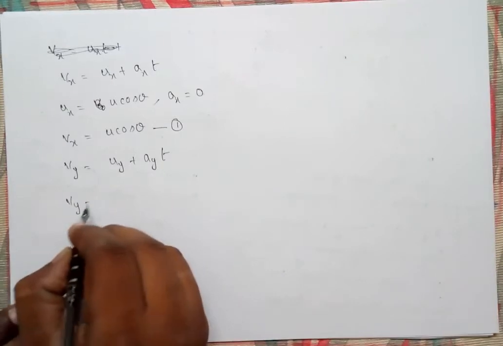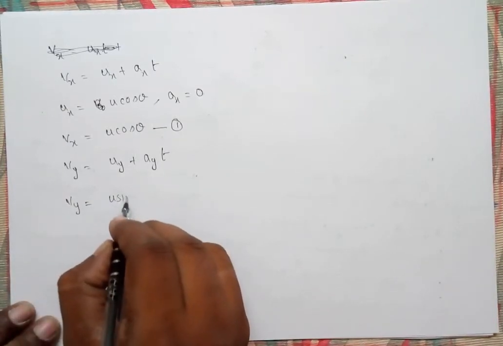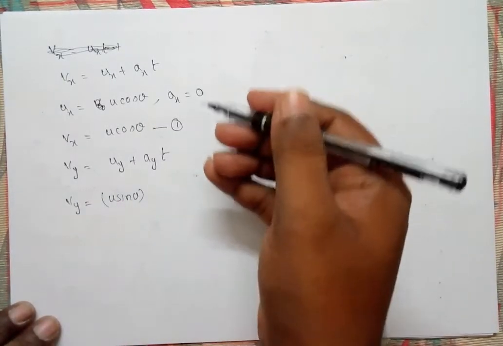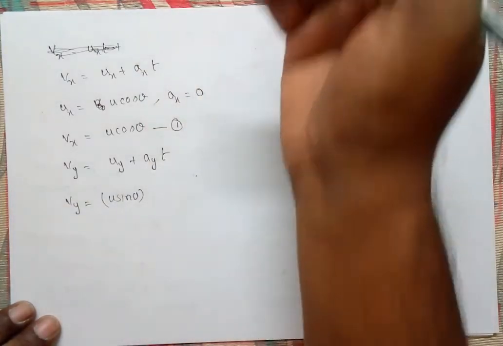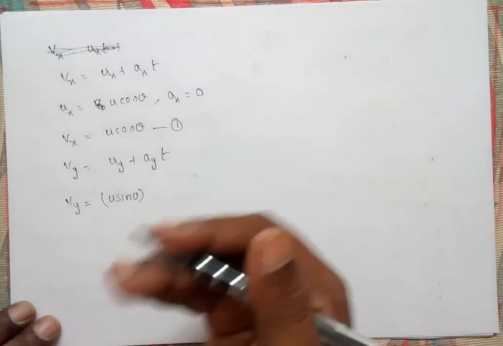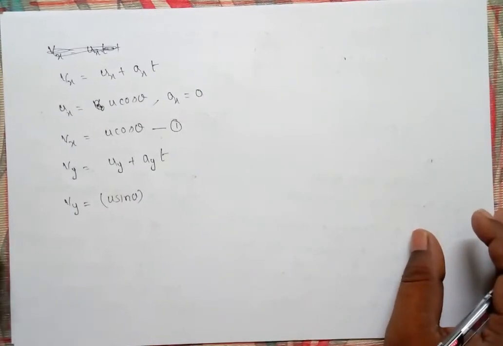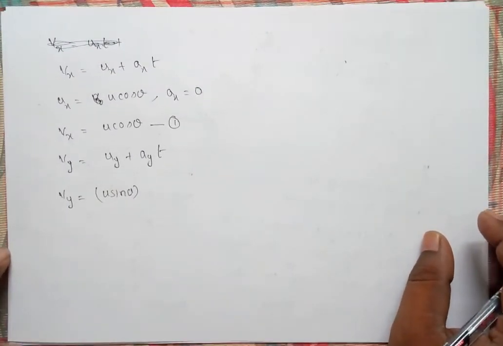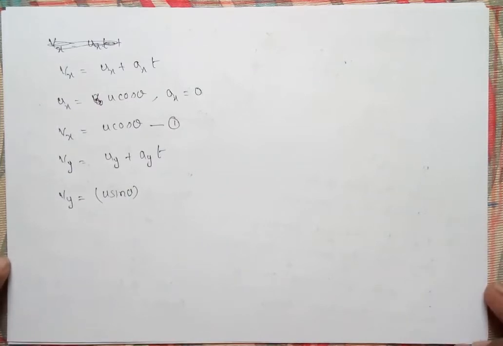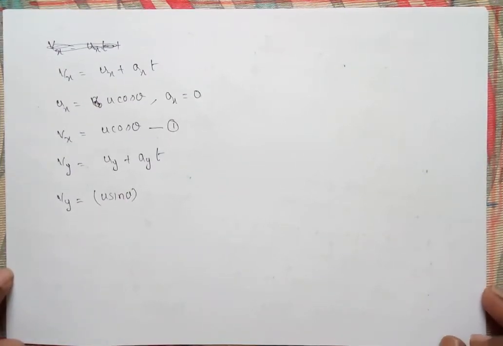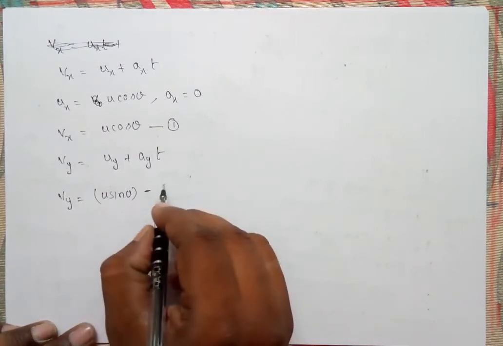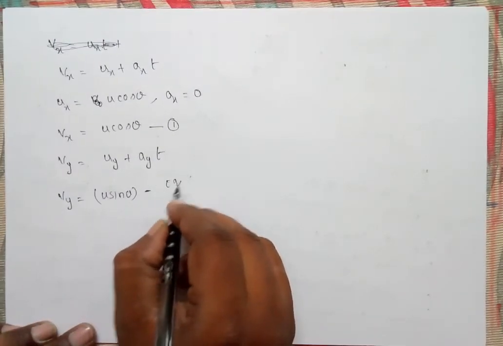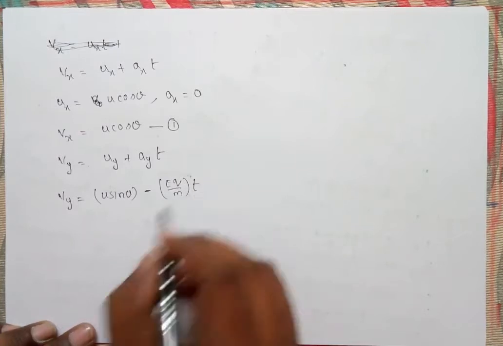So vy equals uy, that is u sin theta. The body is projected upwards but the acceleration is downwards, so it is a retardation because it opposes the motion. Whenever the acceleration opposes the motion, we call it retardation, and retardation means you have to provide the negative sign. Then we can write a equals eq by m, into t.